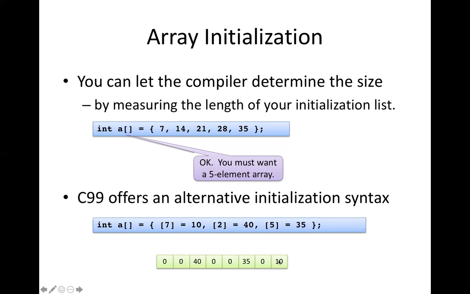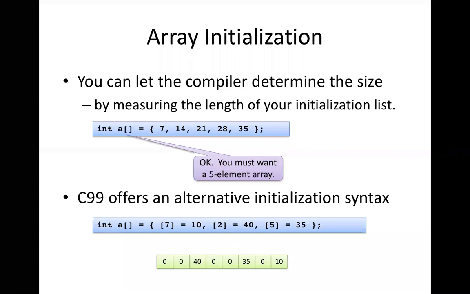It's silly to do it this way, but just to show how this syntax works, then I go back and say, oh, I want element 2 to get a 40. So that's where this 40 came from. And then I want element 5 to get a 35. So that's where this value came from. Just like any other partial initialization, the stuff that I leave out gets initialized to 0.